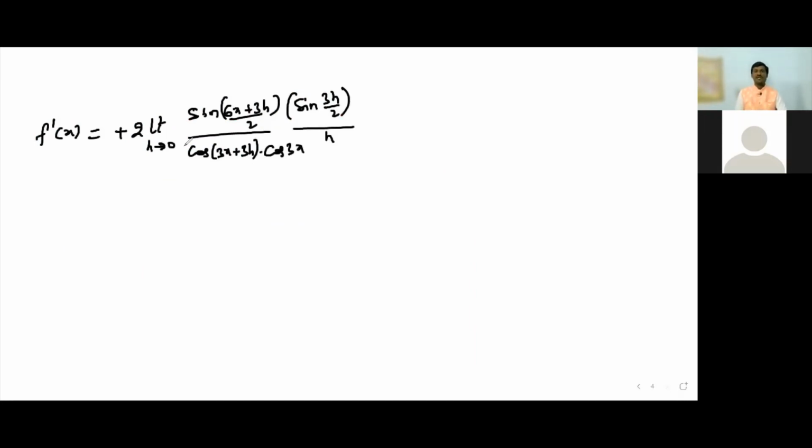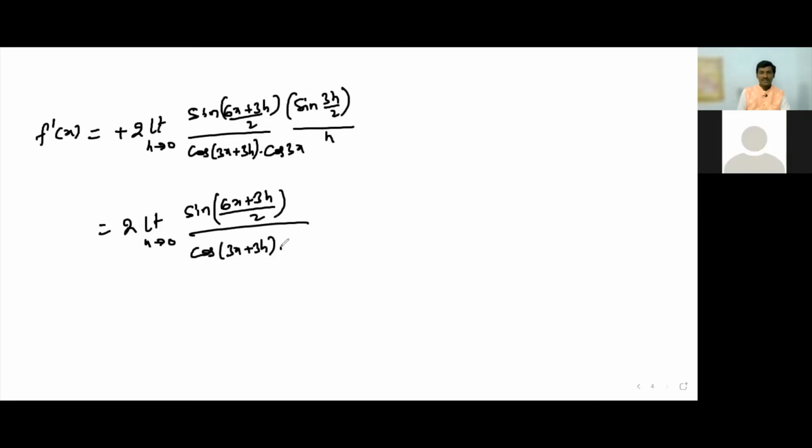Now I am substituting h is equal to 0 in the first term, and going to apply the formula in the second term. So separating the limit for both the terms: 2 into limit h tends to 0 of sine of 6x plus 3h divided by 2 whole divided by cos of 3x plus 3h into cos 3x, and limit h tends to 0 of sine of 3h by 2 whole divided by h.